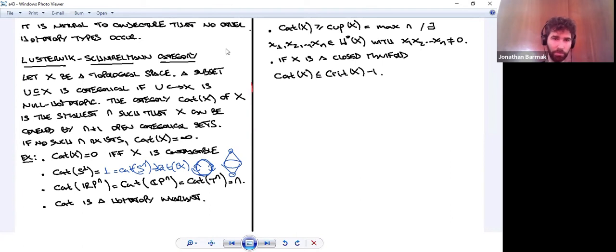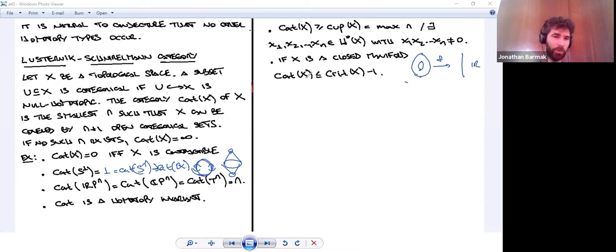So this gives some connection to Morse theory. For instance, Crit(X) is the minimum number of critical points of a differentiable map from the manifold into the reals. So for instance, if I take this height function of the torus, we have 4 critical points.